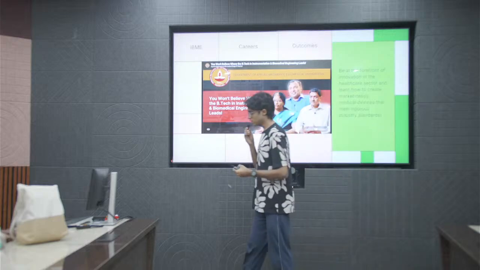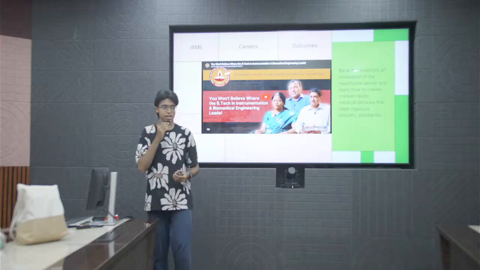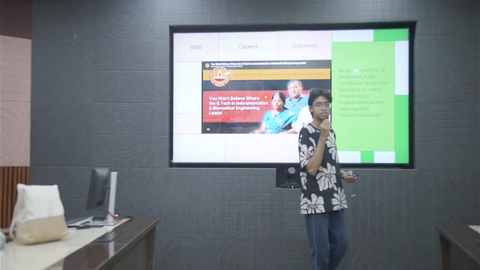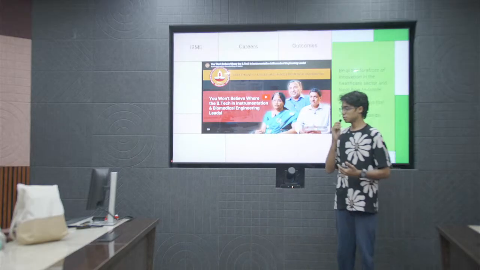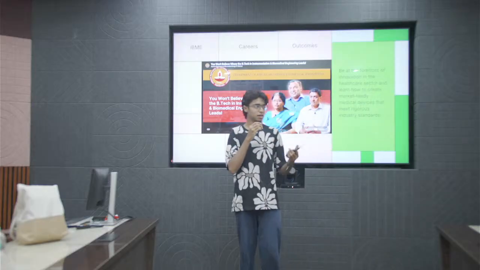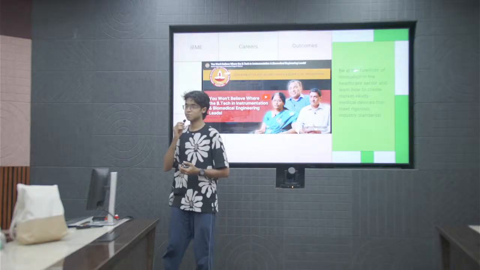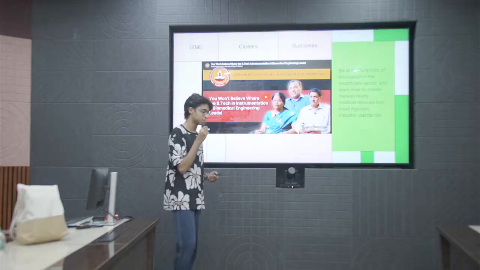One thing that is prominent in IIT Madras is the highly encouraged startup culture. We have the research park. Recently, I came across the news that IITM is also starting a venture capital fund to boost startups.